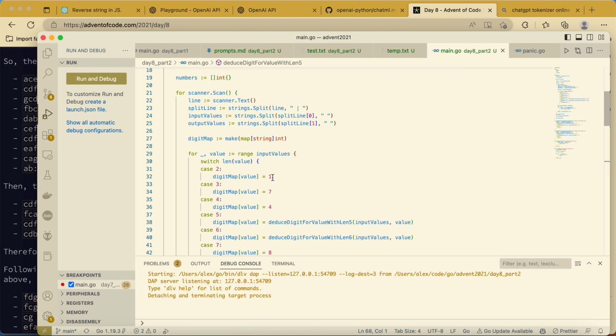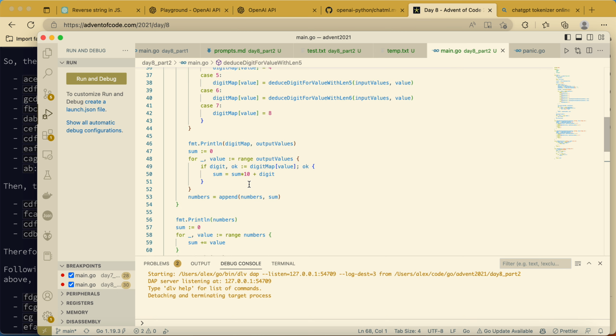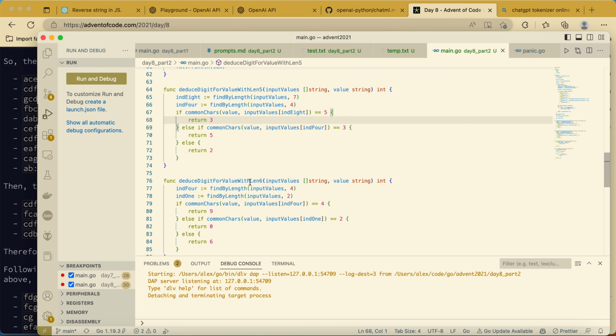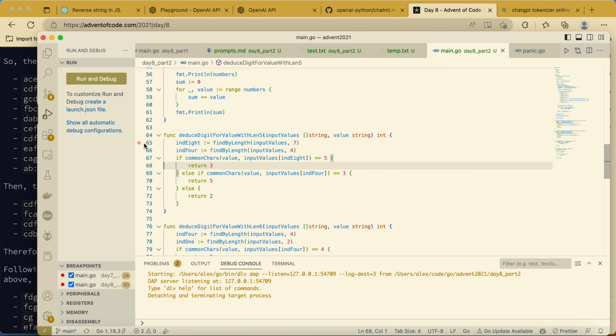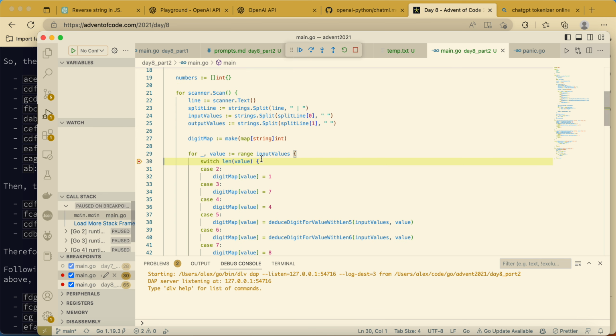Okay, in our case we will scan only one line. What we want to do is to stop here, and after that stop on the 5s that were wrong. Okay, let's jump. Now we're here. That's our one.